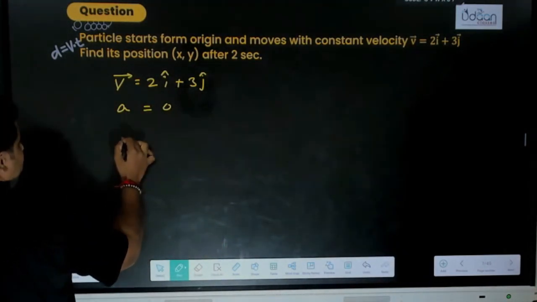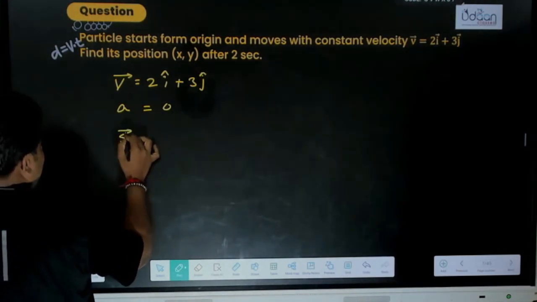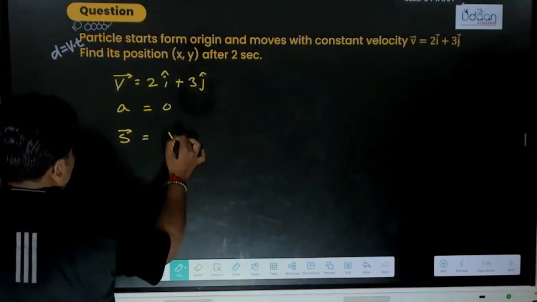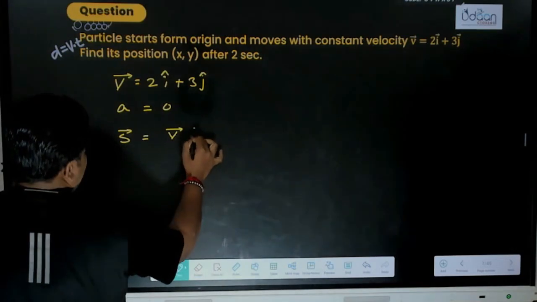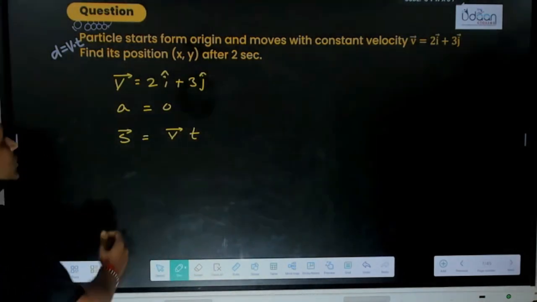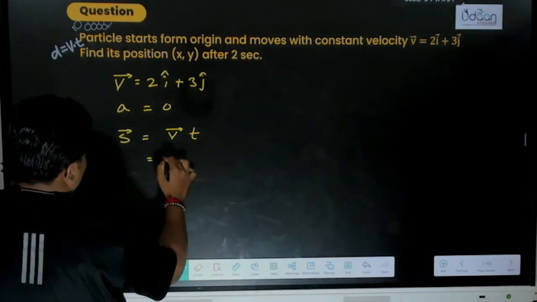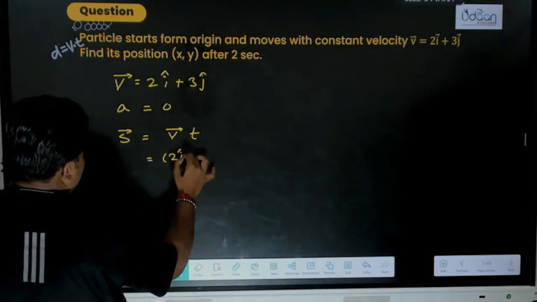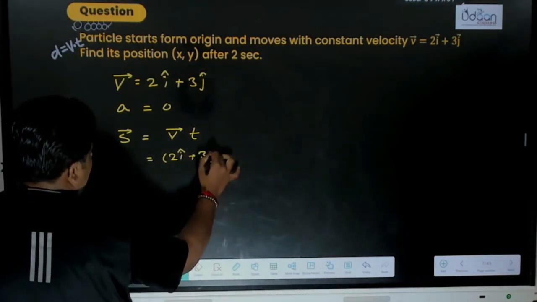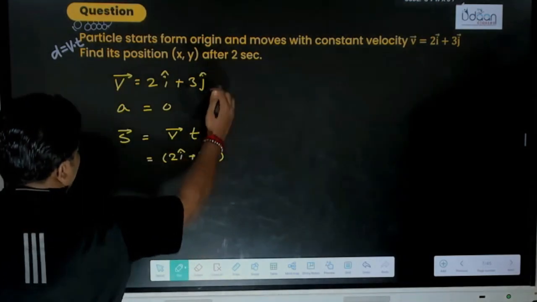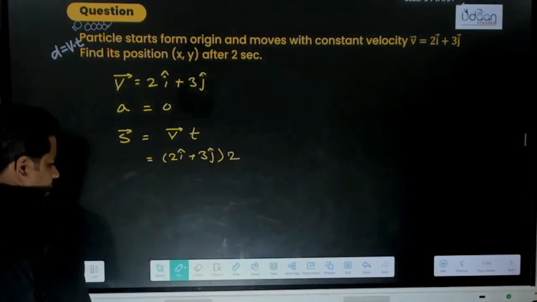If I write down the displacement vector, it will be written in the form of velocity vector into time. Here the time has been given as 2 seconds. So write down the velocity vector, 2i cap plus 3j cap, and then simply multiply it with 2.